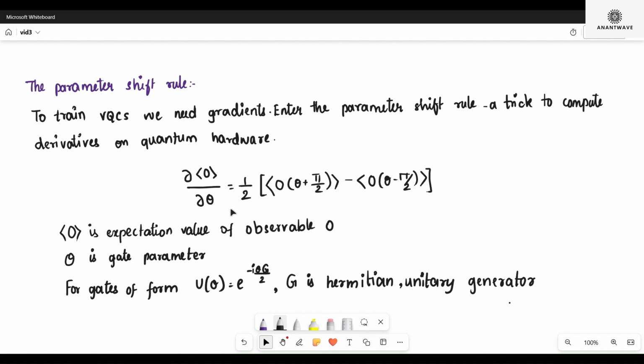The parameter shift rule tells us the derivative of the expectation value with respect to the parameter theta equals 1/2 times the difference between the expectation value of O evaluated at theta plus pi by 2 minus the expectation of O evaluated at theta minus pi by 2. Here O is the observable, and theta is the gate parameter.